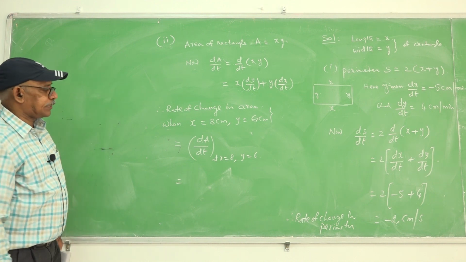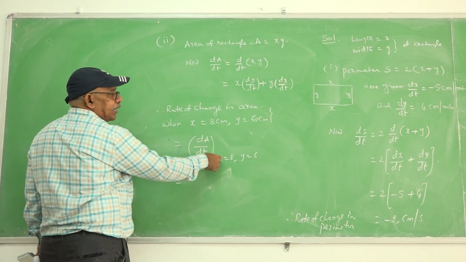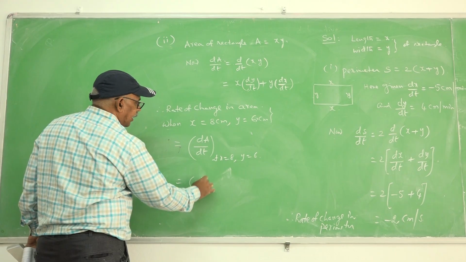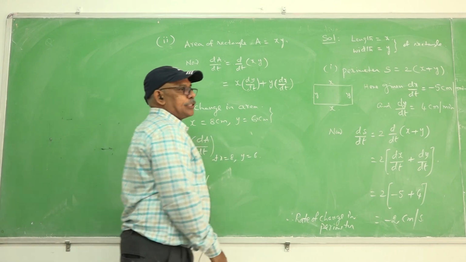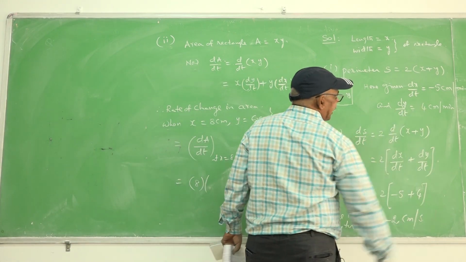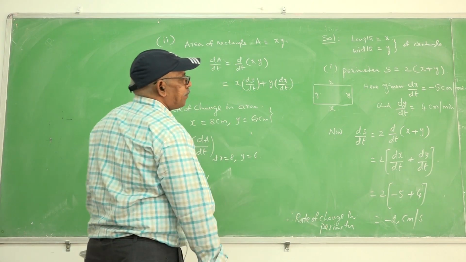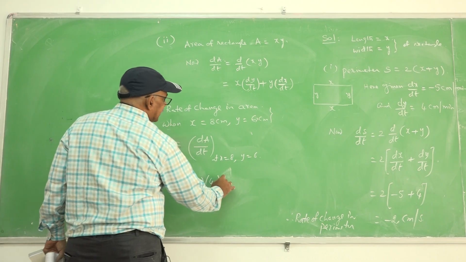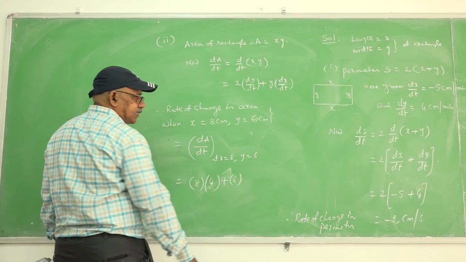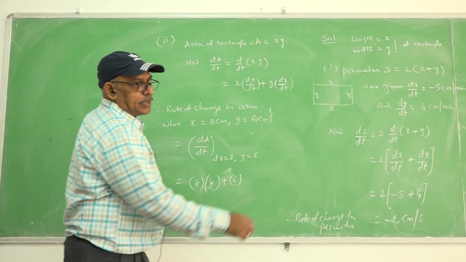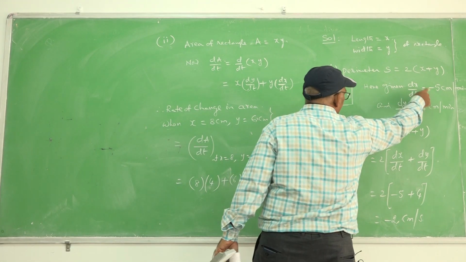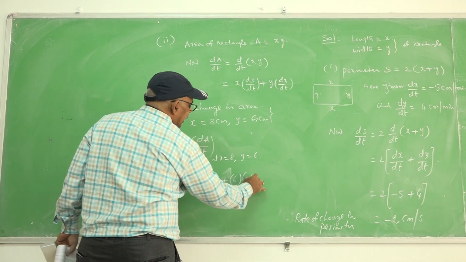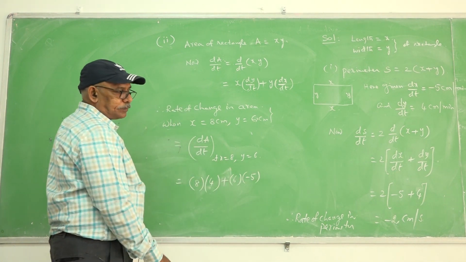The rate of change in the area of the rectangle, dA by dt at x equal to 8 and y equal to 6, is given by x means 8, dy by dt, since y increases with time, I will take it as 4, plus y, which is 6, into dx by dt. dx by dt is minus 5 because the length is decreasing with time.